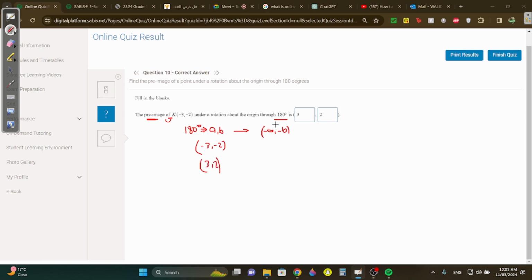That's it. With 180, pre-image or post-image doesn't matter, because it's the same thing. That's why we don't say 180 degrees counterclockwise or clockwise, because if you move 180 degrees, you'll end up in the same place, regardless of which direction you're moving.